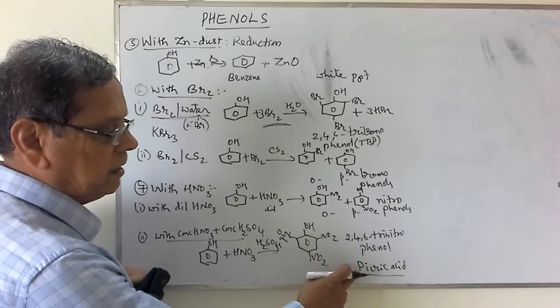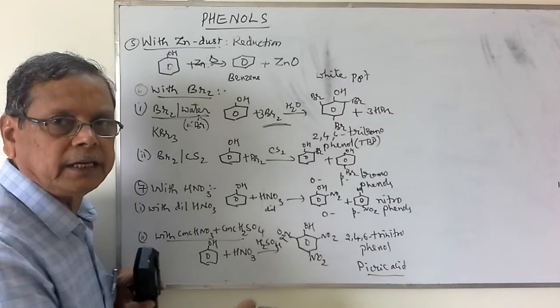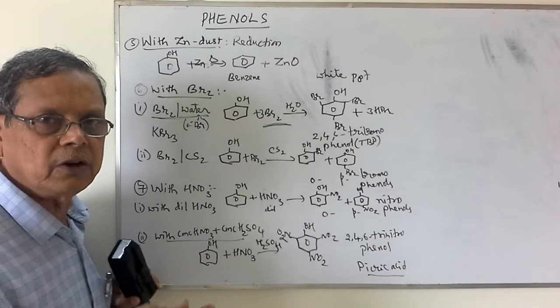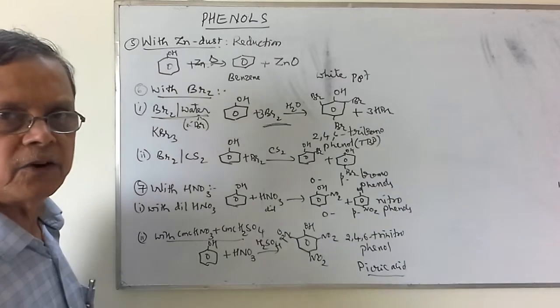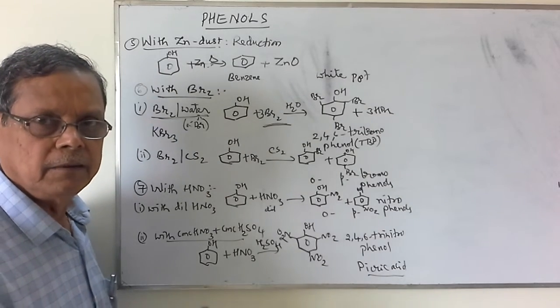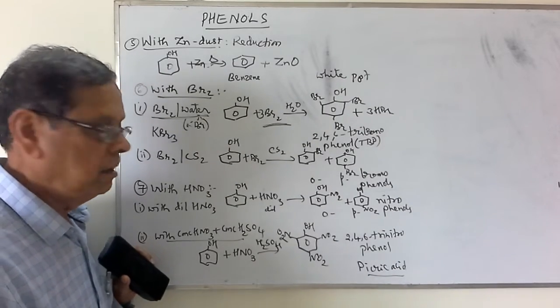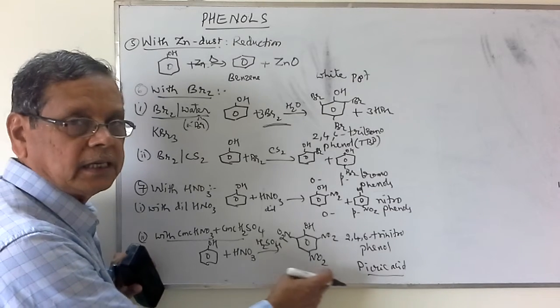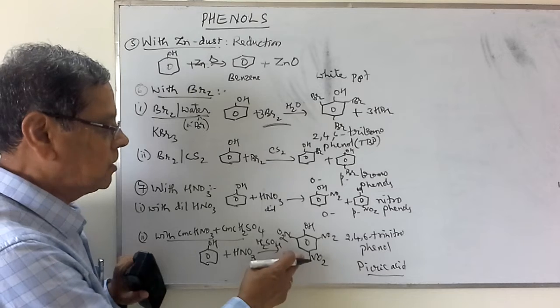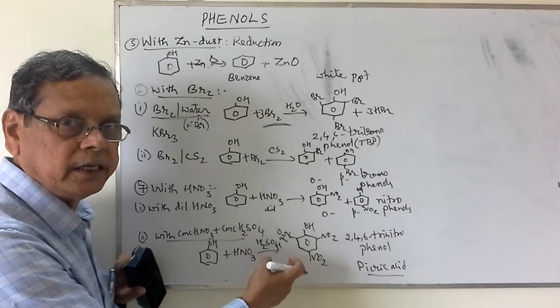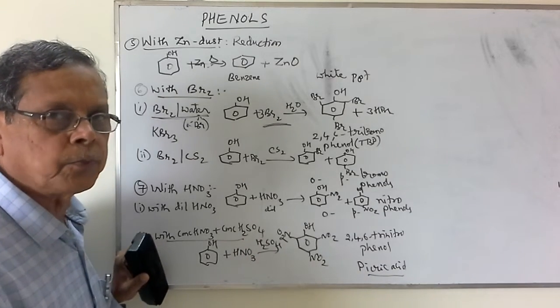This picric acid can be used as a laboratory test reagent for the detection of the potassium radical. While we do the analysis of inorganic salts, basic radicals, we use this picric acid as a dilute solution to detect the potassium radical. And in the concentrated or solid form itself, it can be used as an explosive.